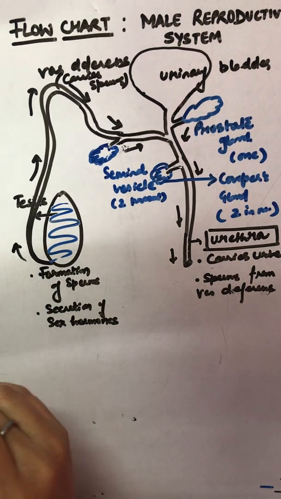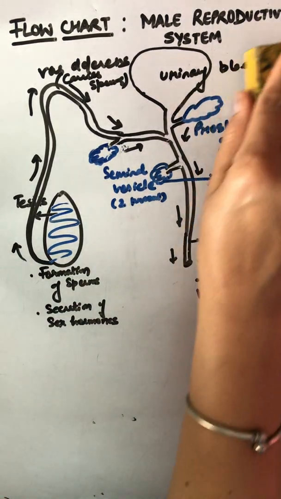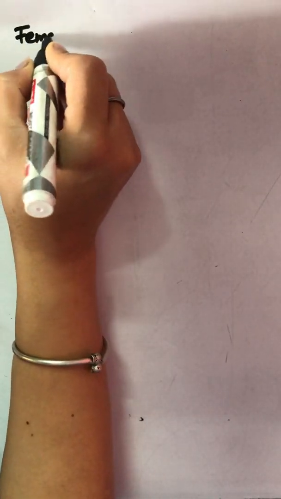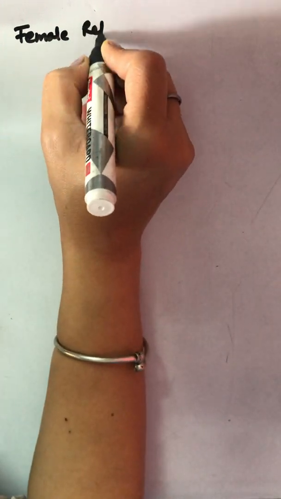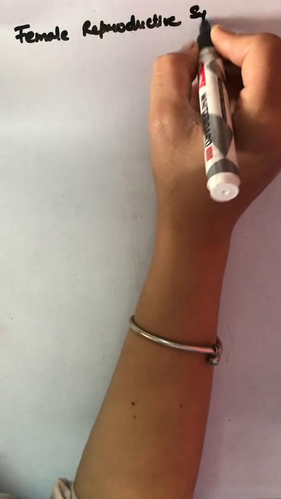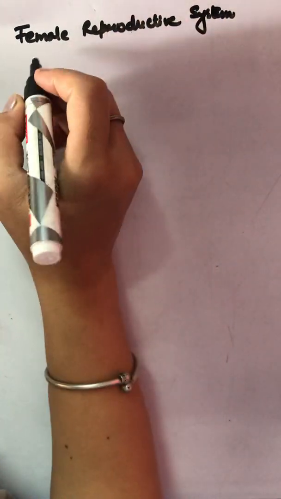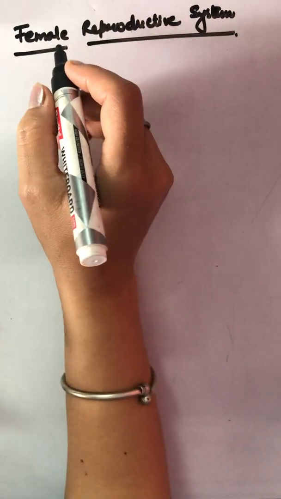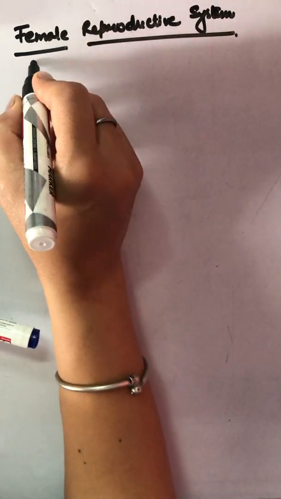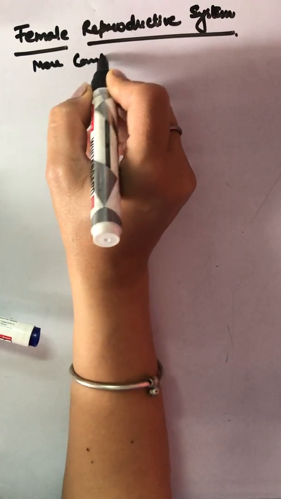Moving to the female reproductive system. In case of females, we say they are more complex as compared to the males.